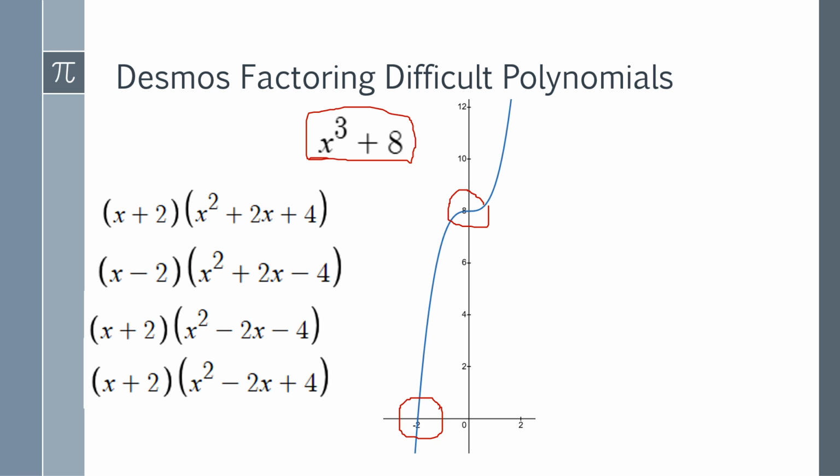So what you're going to do is go through each choice to see which one of these choices matches the graph of this function right here. There's a cube. Now pause the video and try it.